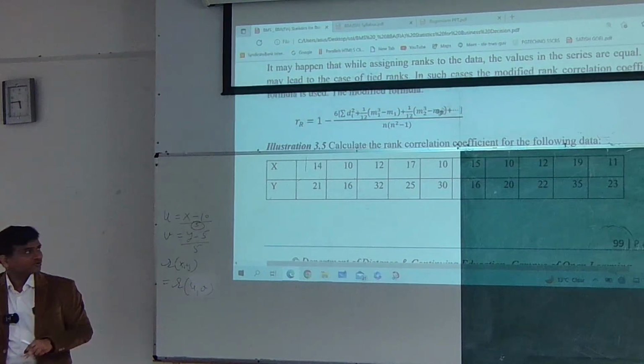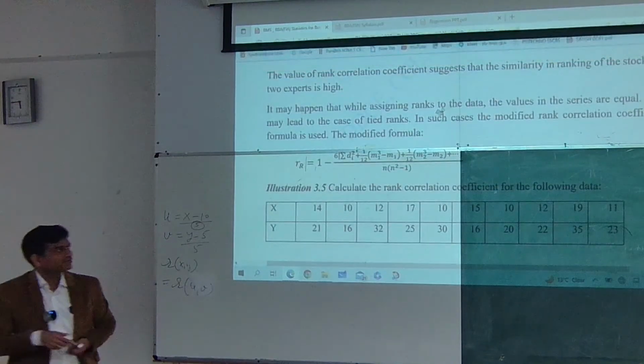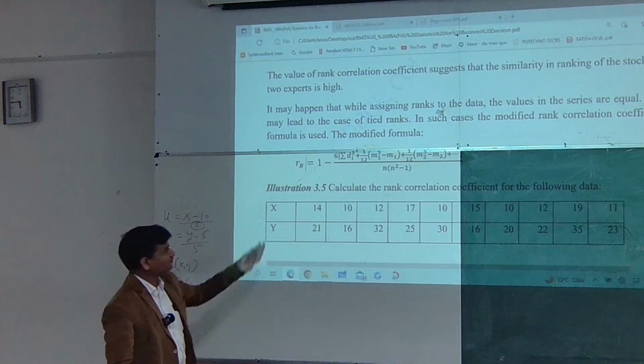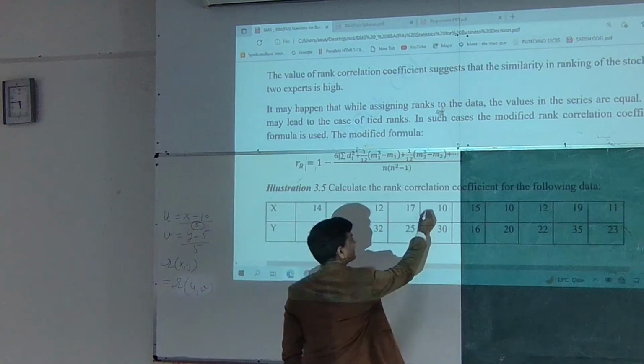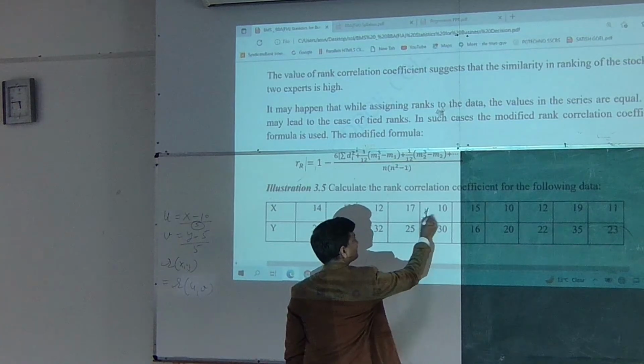So how would you arrange? देखिए, what is the smallest? 10. तो गिव रैंक 1.